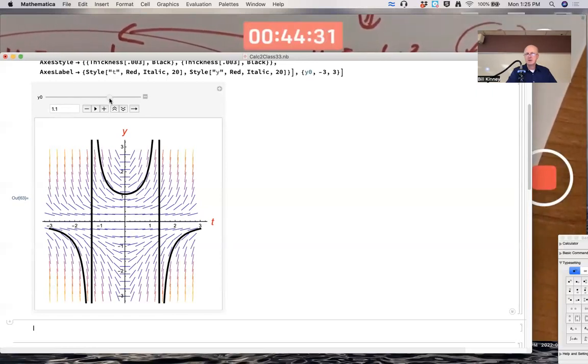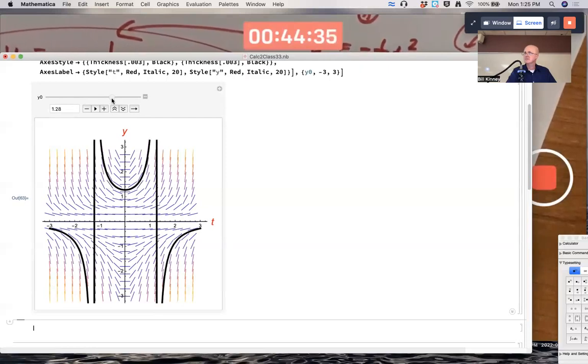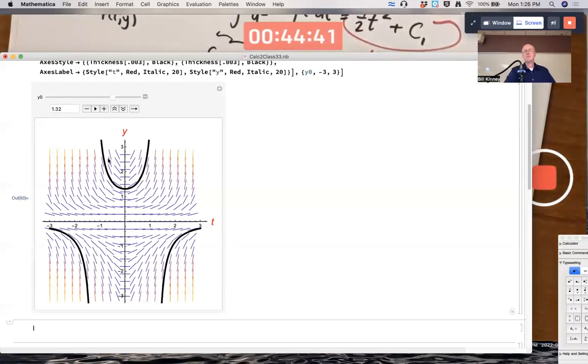Mathematica doesn't know it's got vertical asymptotes, but it actually does. So sometimes your solutions can have vertical asymptotes. If this were a model of a real life situation, you would ignore the parts on either side of the vertical asymptotes and just focus on the part in the middle.